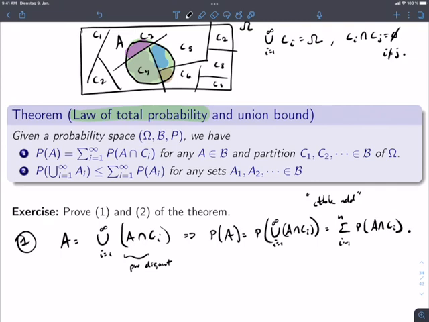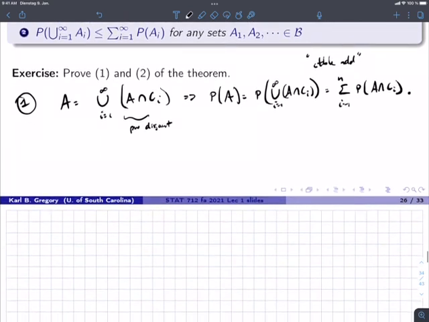So that takes care of the first one. That's called the law of total probability. The second one, which we call the union bound, sometimes people call it Boole's inequality.